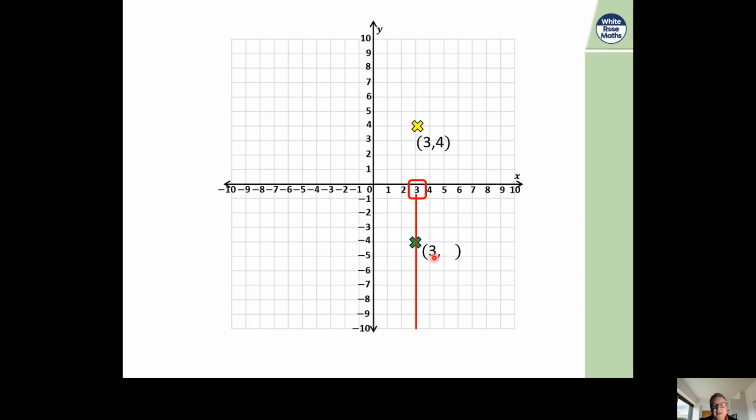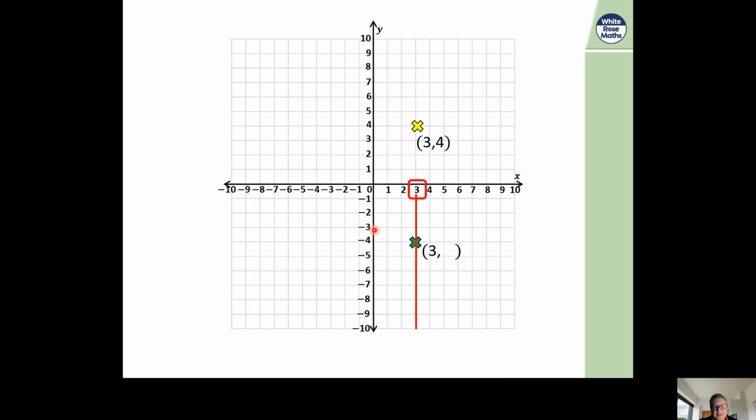So if this is the x-axis, we've got a correspondence here, 3 and 3. Does that mean this is going to be a 4? First quadrant, second quadrant, third quadrant, fourth quadrant. Here we go.